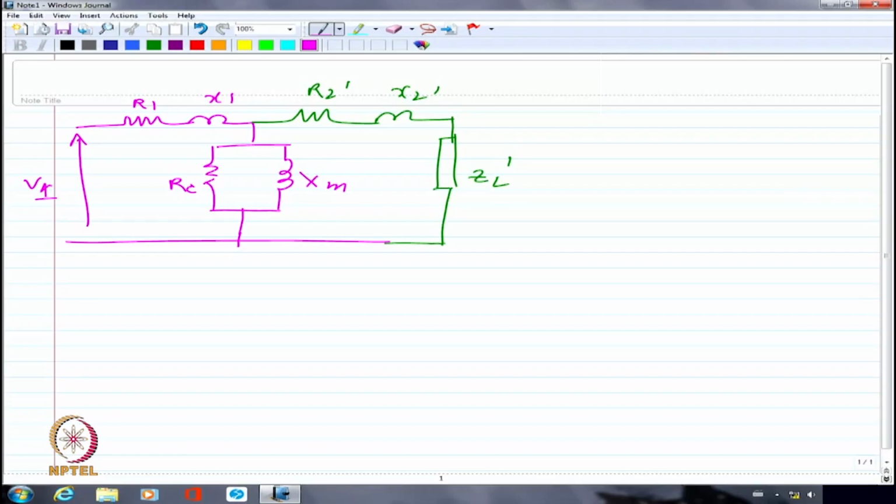That's the reason why we would like to determine the parameters, if it is possible, by creating situations like applying rated voltage without really passing rated current, and the second situation, passing rated current, whereas applying only a fraction of the rated voltage. So we are not really loading the transformer to the fullest extent, neither by the current nor by the voltage. That's what we are trying to do.